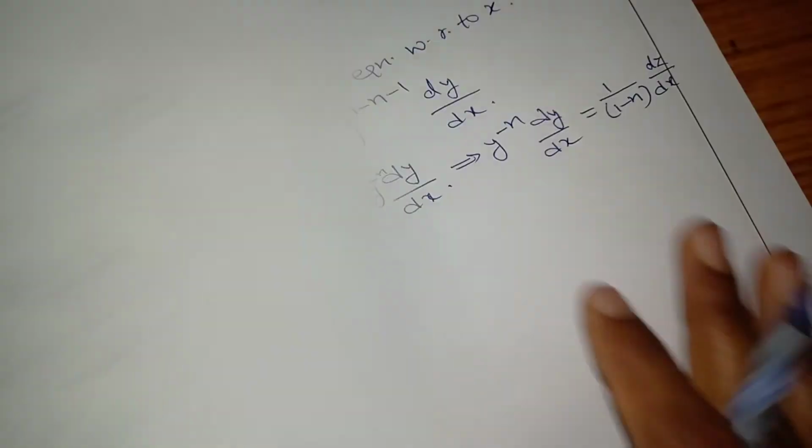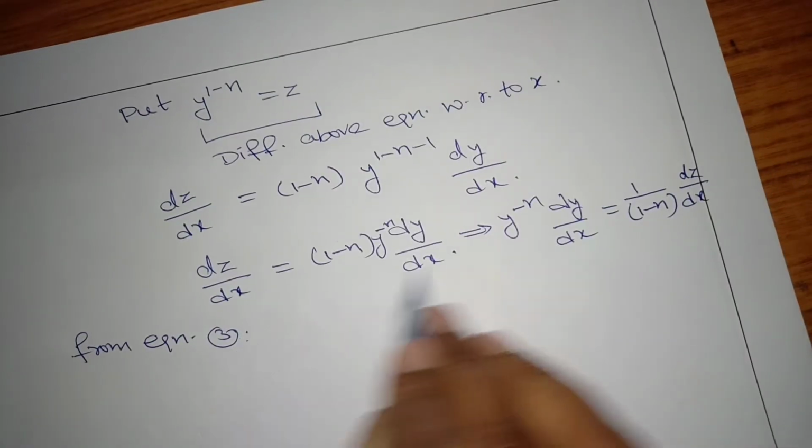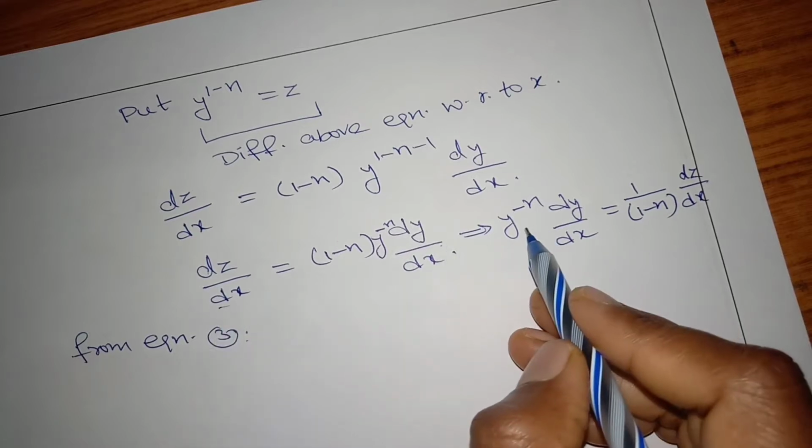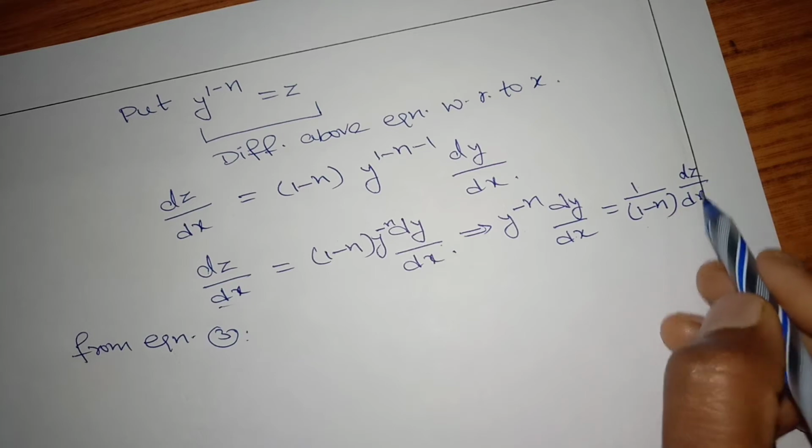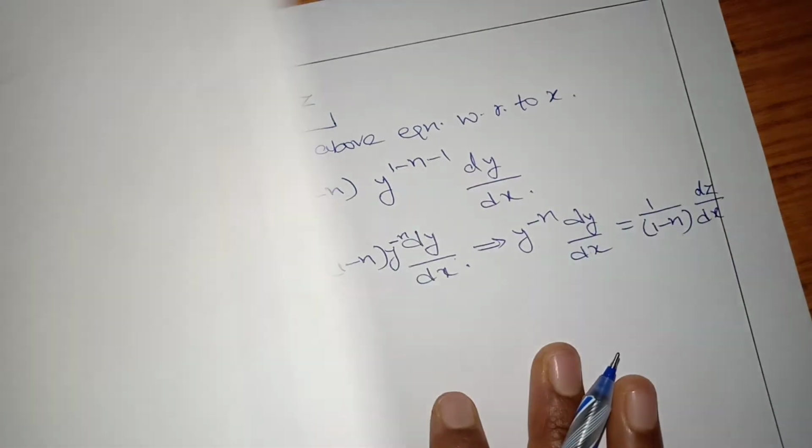Here, look at this equation. I have rewritten this equation. So now we have y power minus n dy by dx as 1 by 1 minus n dz by dx. I am replacing this in equation 2.